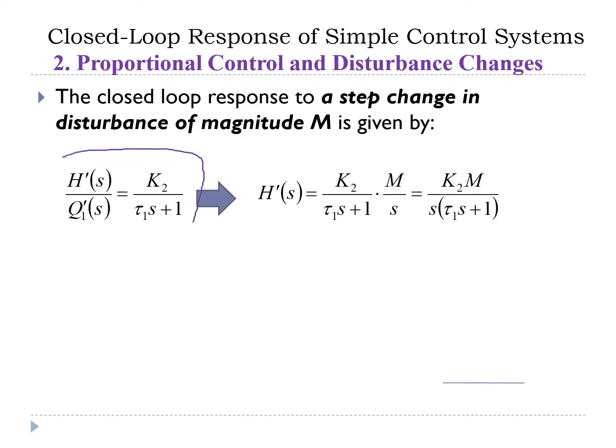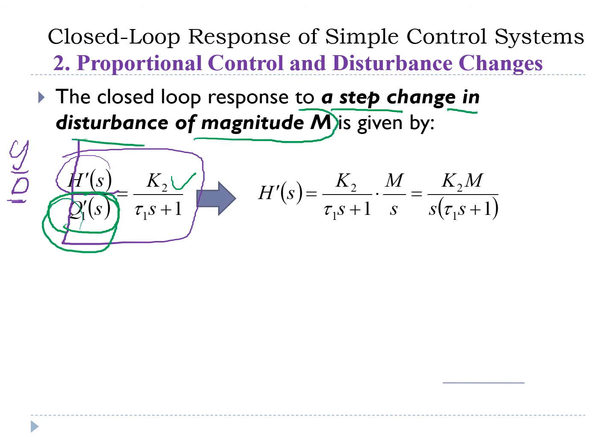Now you have this transfer function of y over d, the output level over the disturbance. In this case, your disturbance is the flow rate of species 1. Now, given a step change in disturbance of magnitude m, bring Q1, your disturbance, to the right side. You can now write the output, or your level, equal to this times m over s.